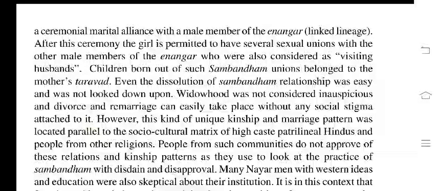After the ceremony, the girl is permitted to have several sexual unions with other male members of the Enangar, who were also considered visiting husbands. Children born out of such Sambandham unions belong to the mother's Tarawad. Even the dissolution of a Sambandham relationship was easy and was not looked down upon.